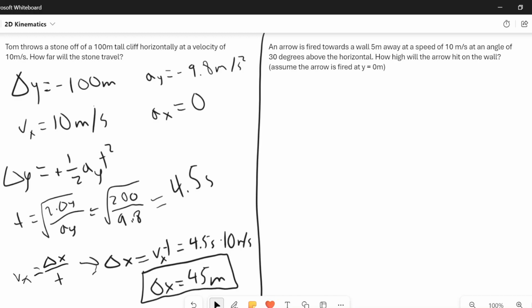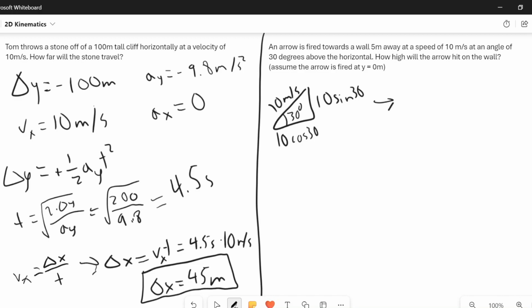So first of all, this arrow is fired at an angle of 30 degrees at a speed of 10 meters per second. So now this will just be 10 cosine 30 and 10 sine 30.